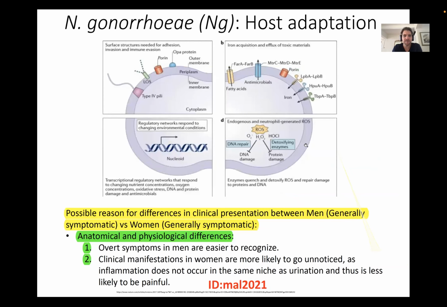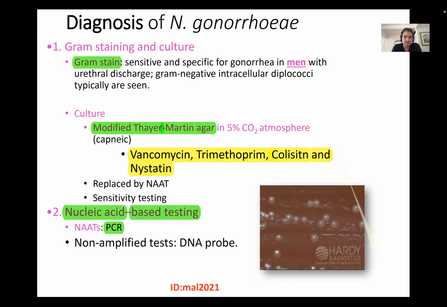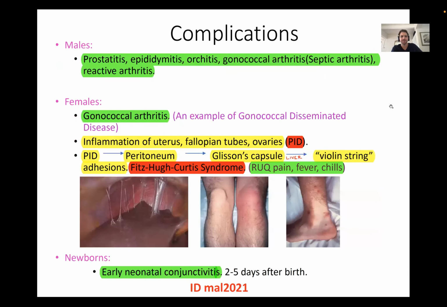Vaginal discharge, yeah. Let's see. Diagnosis, Gram stain. And very importantly, you can use this Thayer-Martin agar that's specific to this. So you want to remember this for sure. And then diagnostically, you can use the nucleic acid test or PCR.